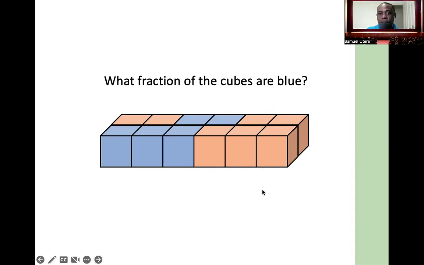Now, we can also express this as fractions. If you were asked what fraction of the cubes are blue, of course you would say, well, I can visualize the number of cubes that are here. We have 1, 2, 3, 4, 5 cubes, which is 5/12. Yeah, 5 cubes out of a total of 12 cubes.